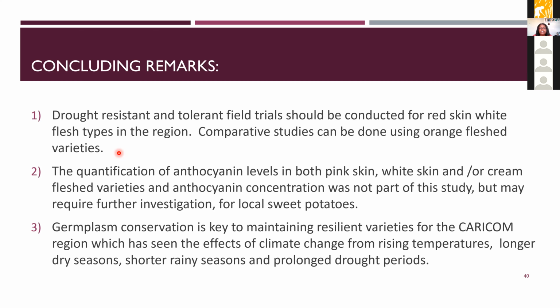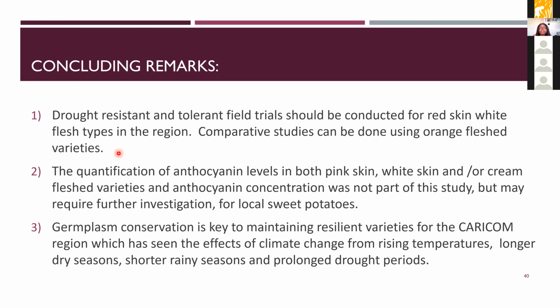There's been one study, I believe, like that done, comparing pink skin and orange flesh varieties in terms of drought resistance in China, but it hasn't been done in our region as far as I am aware.